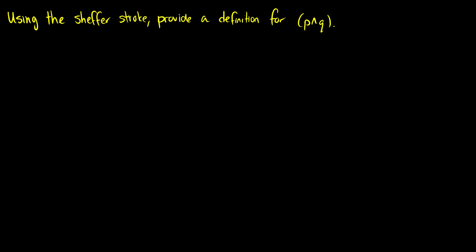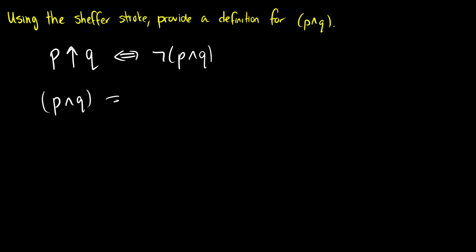So here's what we know. We know that P up Q is equivalent to not (P and Q). Okay? So P and Q is the same thing as saying not (P up Q).